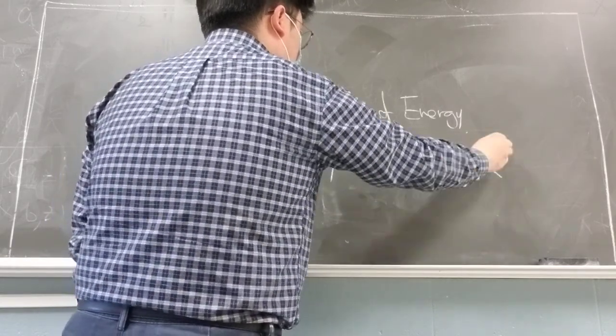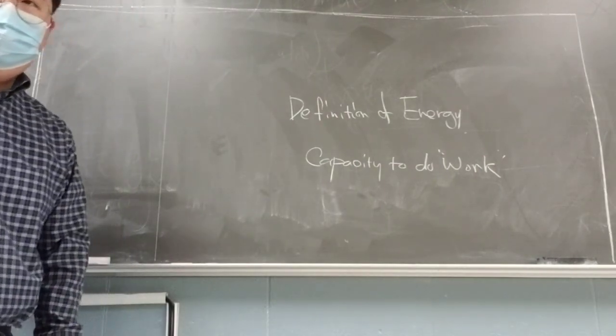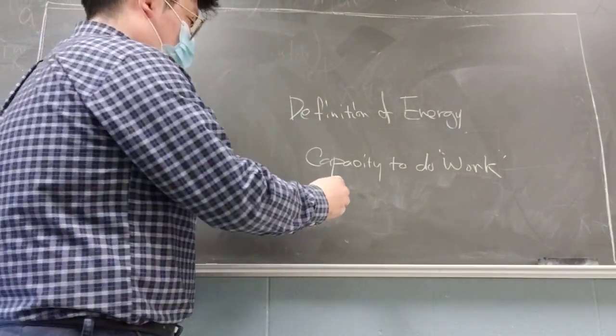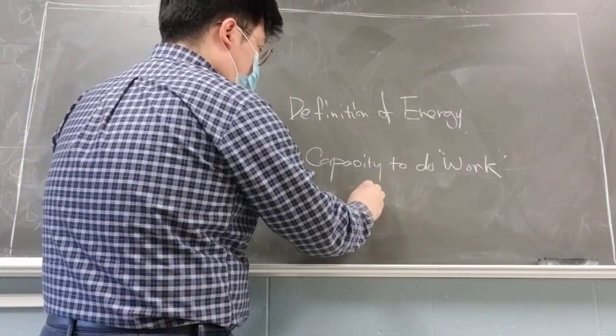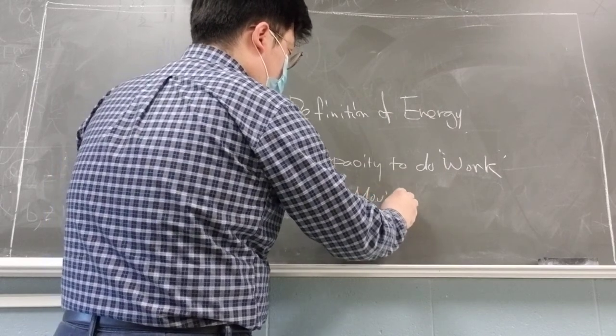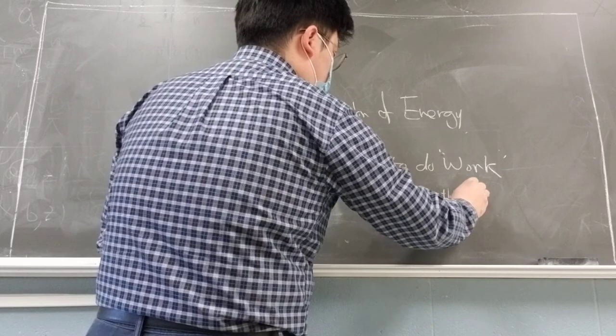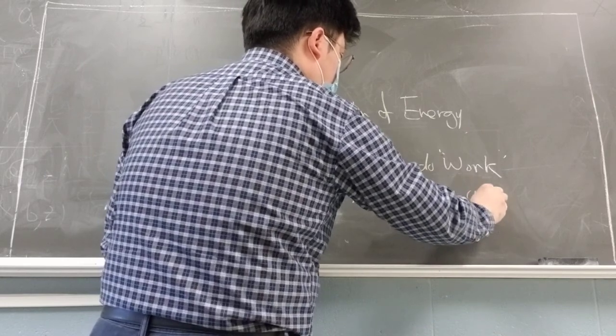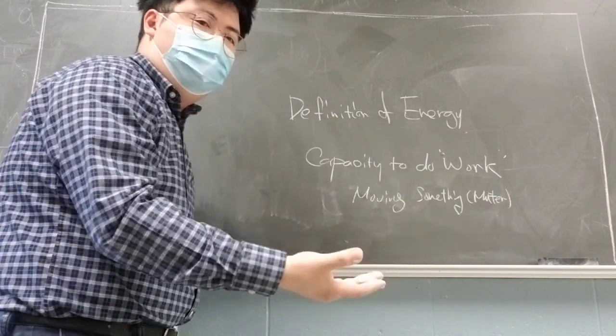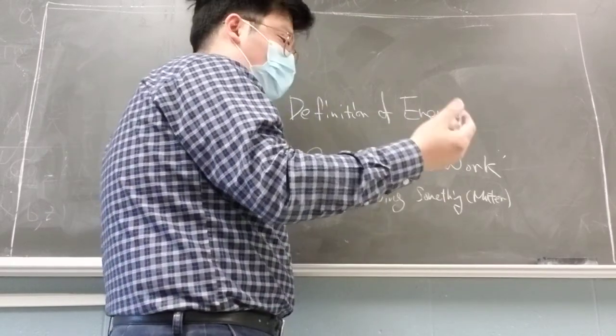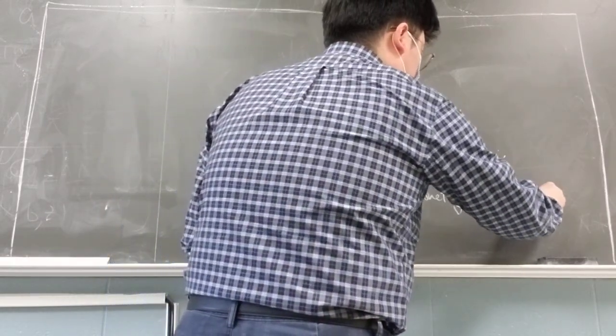And the work we mean in chemistry or science is moving something, that is matter. Matter has a mass, right? So it's moving something that has certain mass to another position.